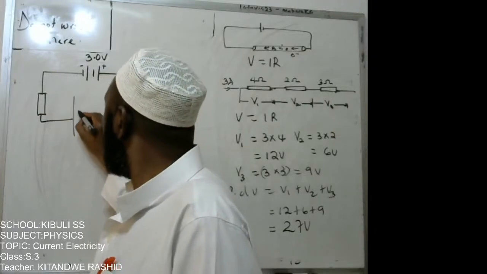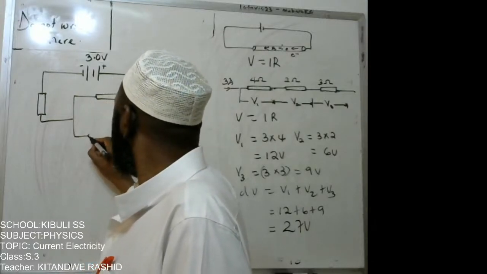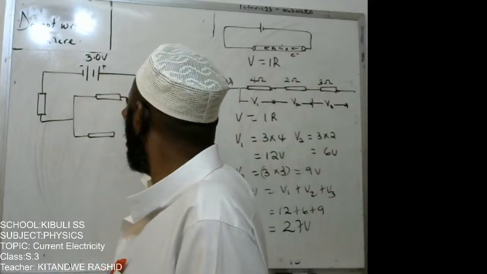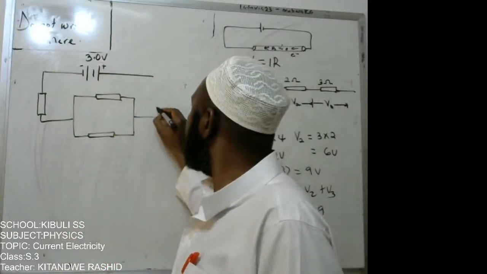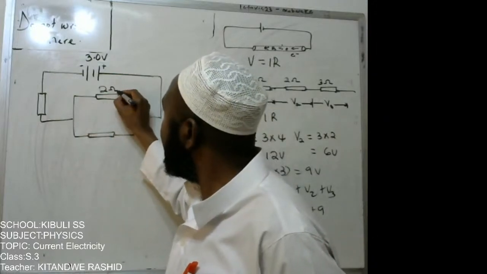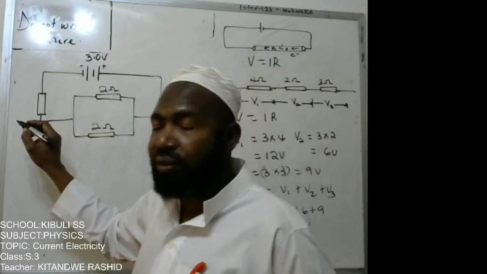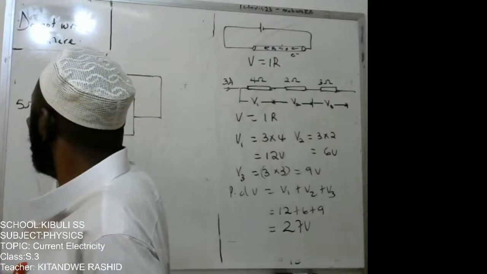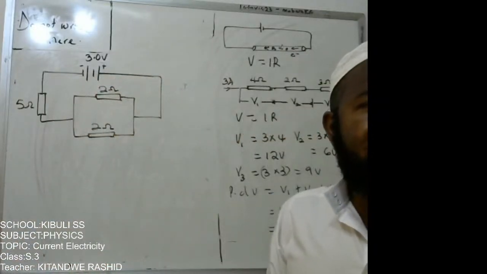And here is a parallel setting. And then back to the source. This is 2 ohm. This is 2 ohm. This is 5 ohm. And the question is saying, calculate the effective resistance.